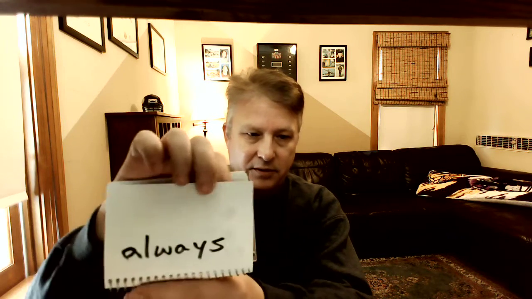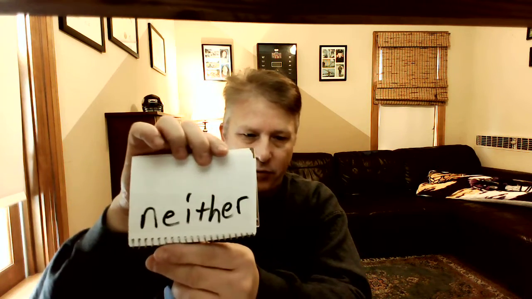Next we have, looks like an A, an L, and a W. ALW, those three cells together, always. Next, we have an N, an E, and an I. Braille N, Braille E, Braille I. That stands for the word neither.